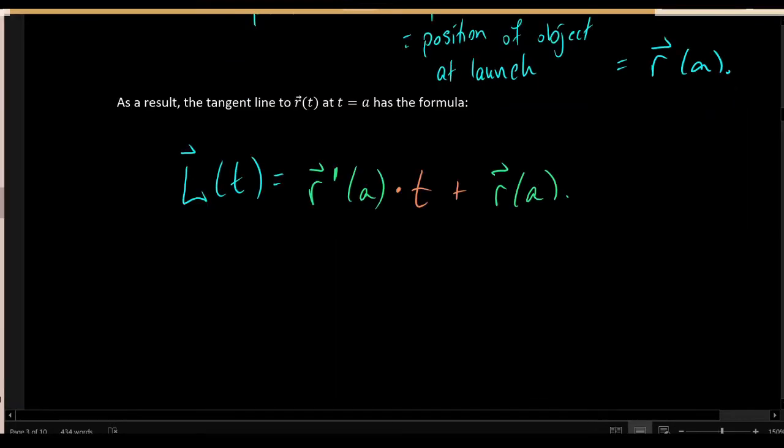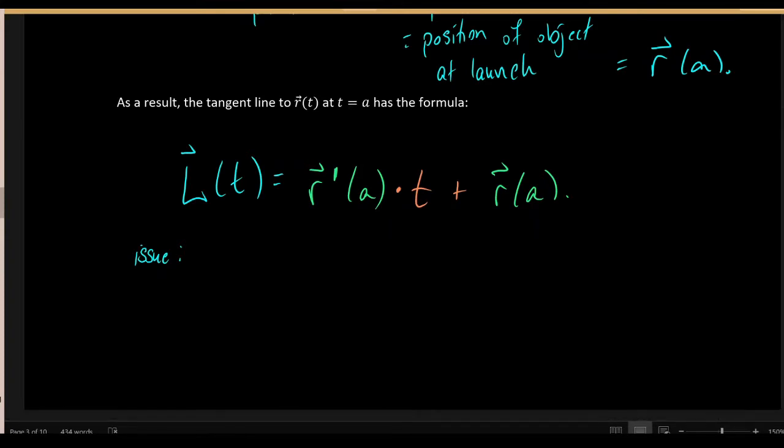But there is an issue that can arise with this formula. And that's that the parameter t in this formula may not be referring to exactly the same time as the parameter t in the formula for r.